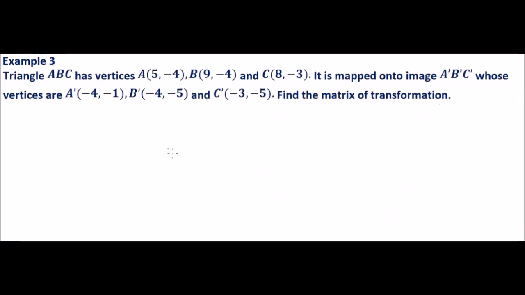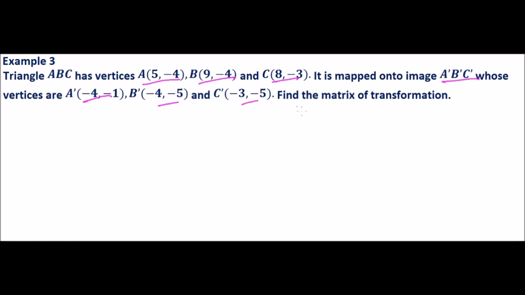So this is an example of our continuation of matrices and transformation, lesson 2. In this question we want to find the matrix of transformation. So we are told that we have a triangle ABC, which has image A prime B prime C prime, so given the vertices, we are required to find the matrix of transformation.